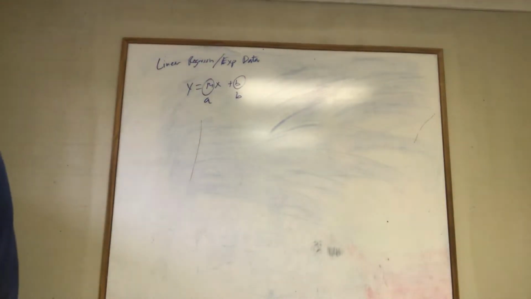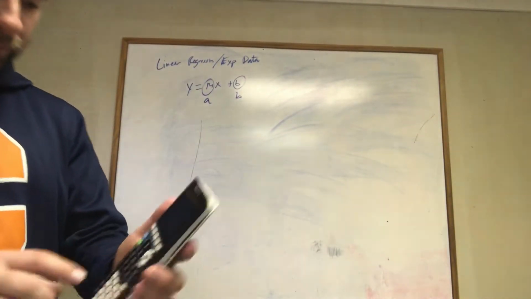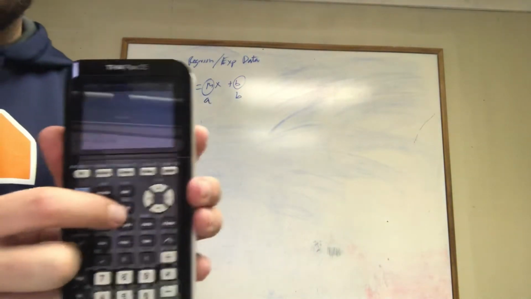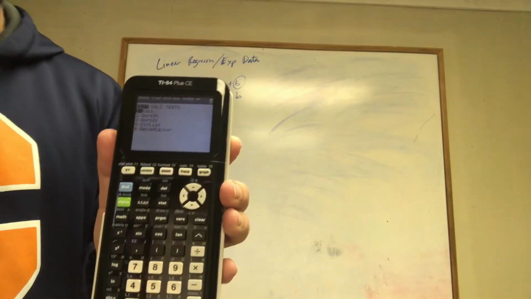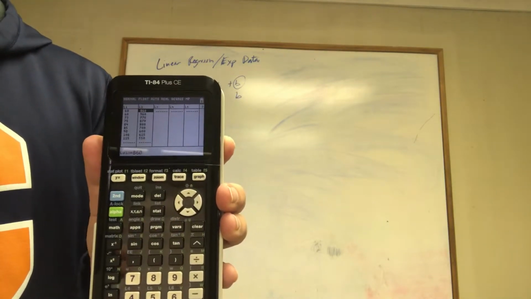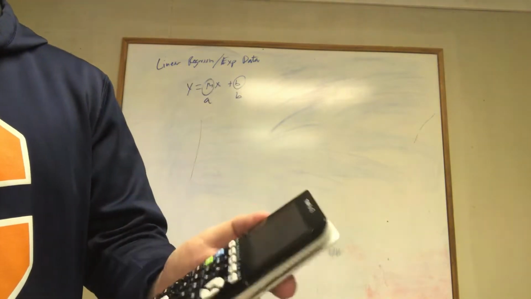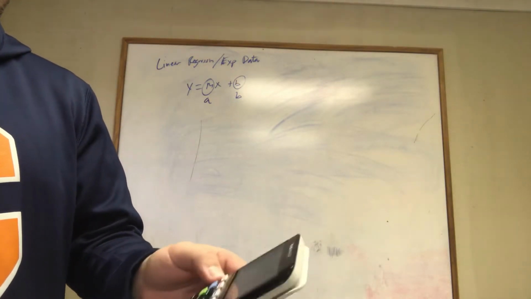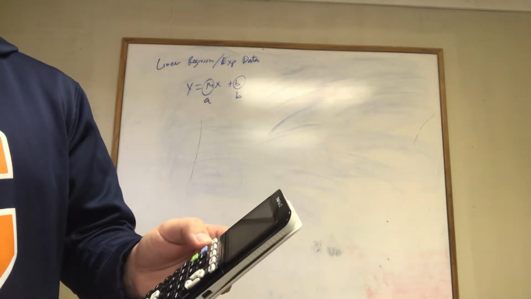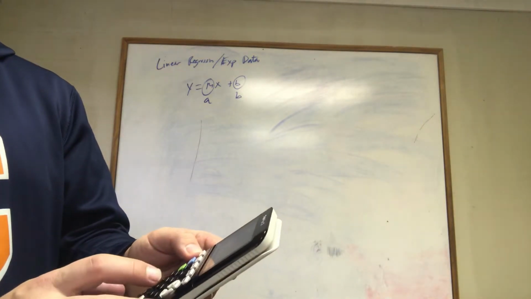And so where you're going to do that on your calculator is you are going to go to Stat. And then you'll go right there to Edit. So Stat, Edit. And I'm actually going to delete all of those. Actually, I think I can clear list. No, it's not happy with that, so we won't do that.